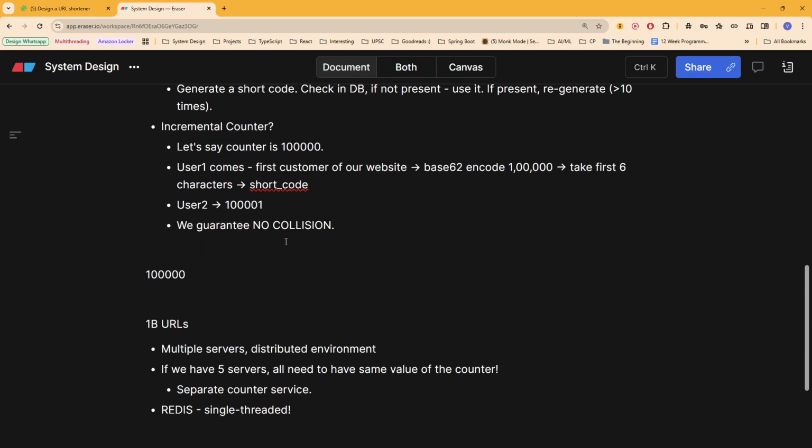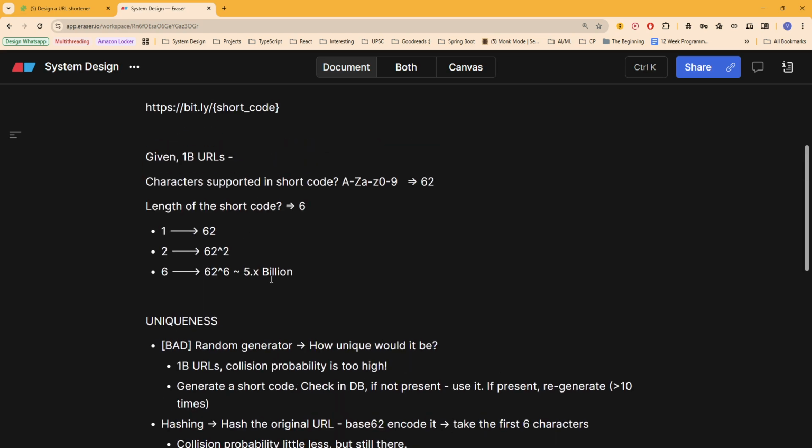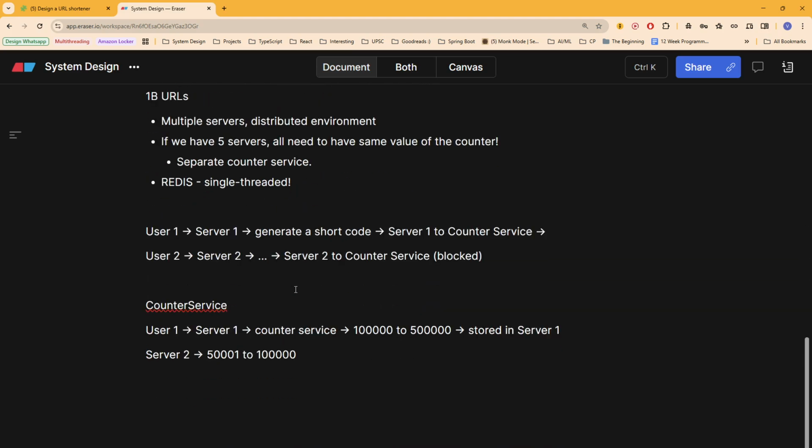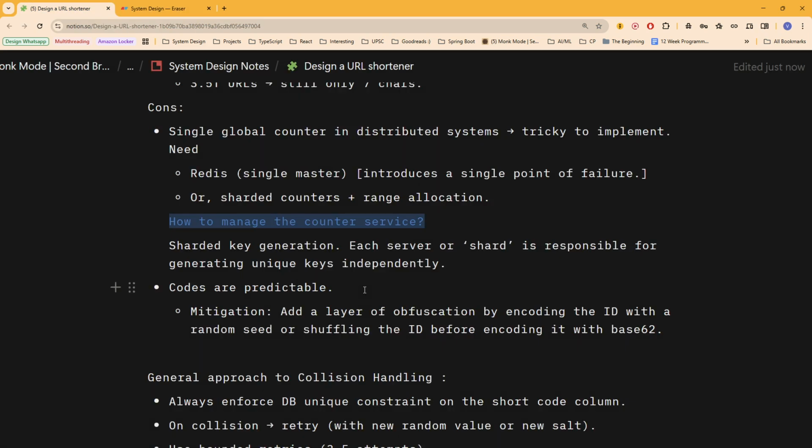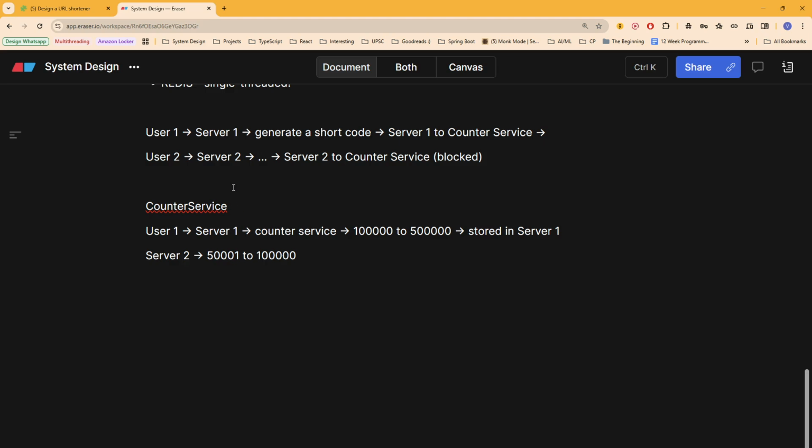Why? Because we have taken 6 characters which can support 5 billion shortcodes, and we only have to support 1 billion shortcodes. So we can easily let go of these small batches. If we are missing out, we don't have to deploy a separate mechanism for these and make our system tough.